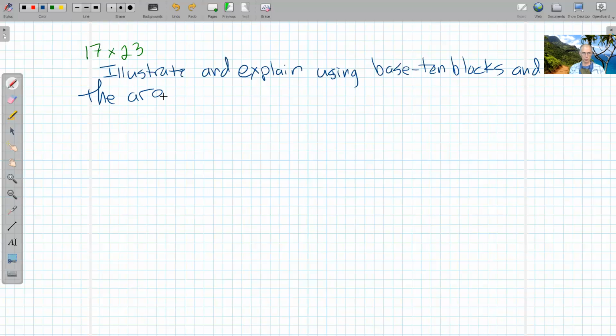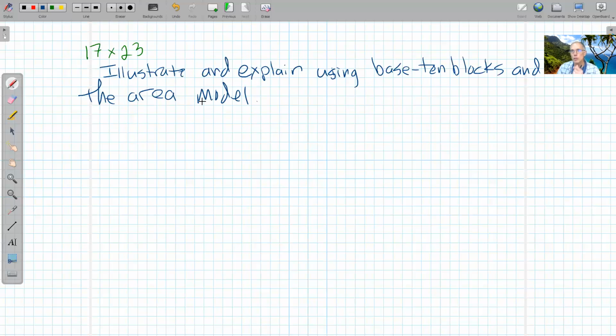Started writing area, then switched to array. Okay. So this problem right here, 17 times 23, with base 10 blocks and the area model, show what the answer is. So this is related to that activity we started last week.